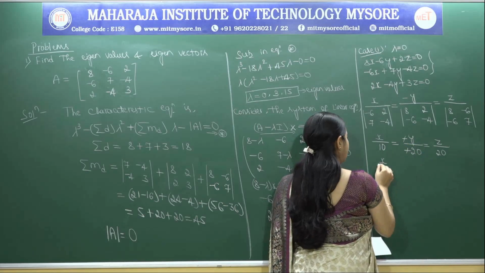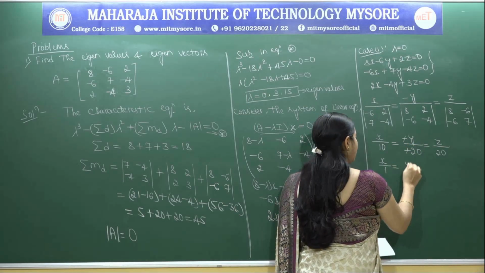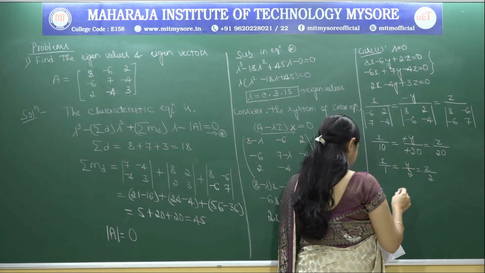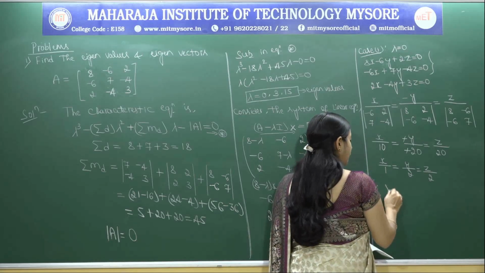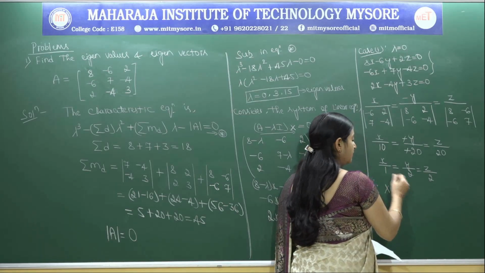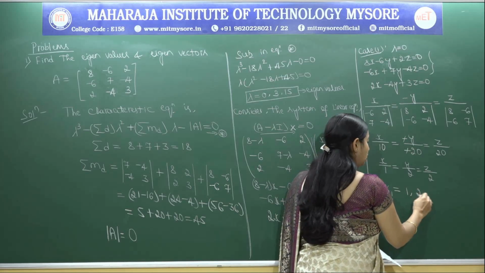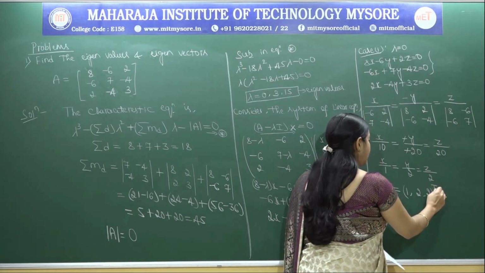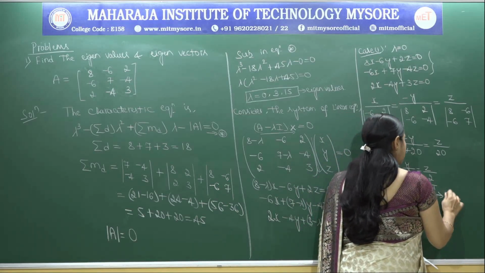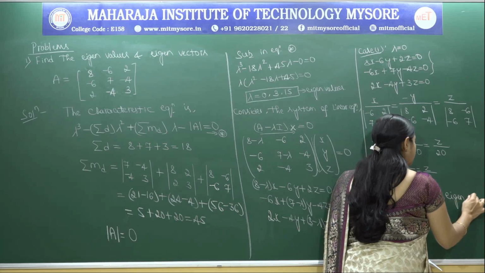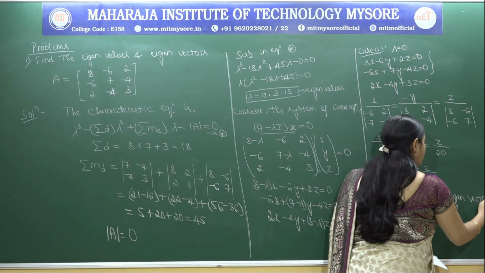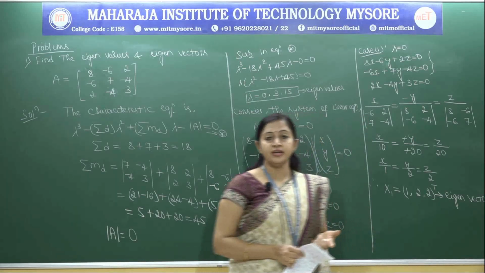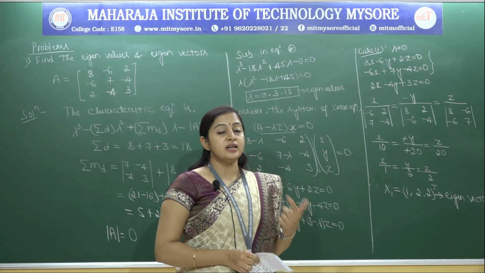Multiply by 10, you will get x by 1, then y divided by 2 and z divided by 2. Therefore, you can write x1 equals, the first entry is 1, second one 2, the third one is 2. You have to write this in a column, so I take the transpose. This is the eigenvector to the corresponding eigenvalue lambda equals 0. Similarly, you can find the eigenvector for lambda equals 3 and 15.